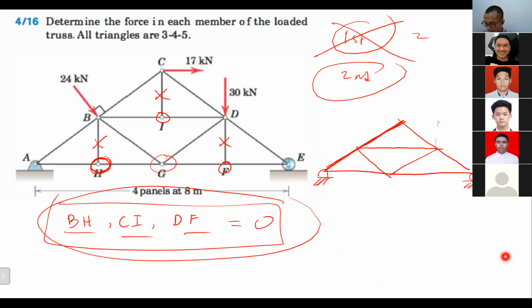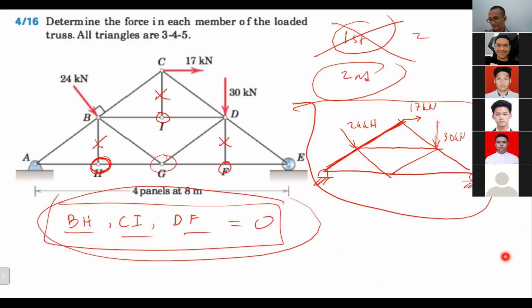And don't forget to put the forces, of course. The forces are supposed to be there as well: 30 kilonewton, 17 kilonewton, and 24 kilonewton. So now the problem becomes like this.